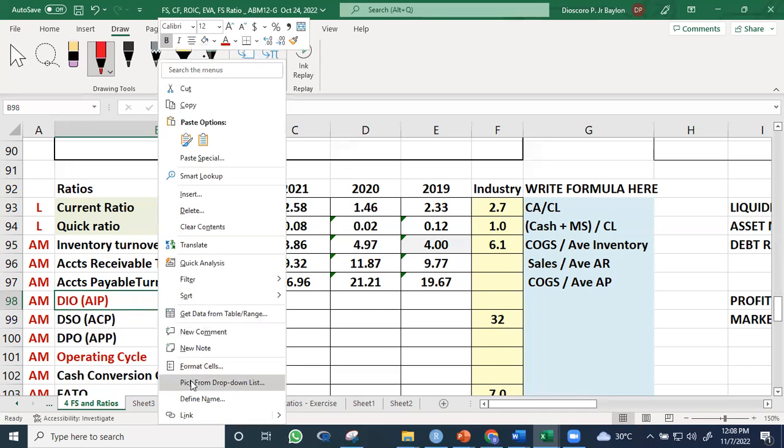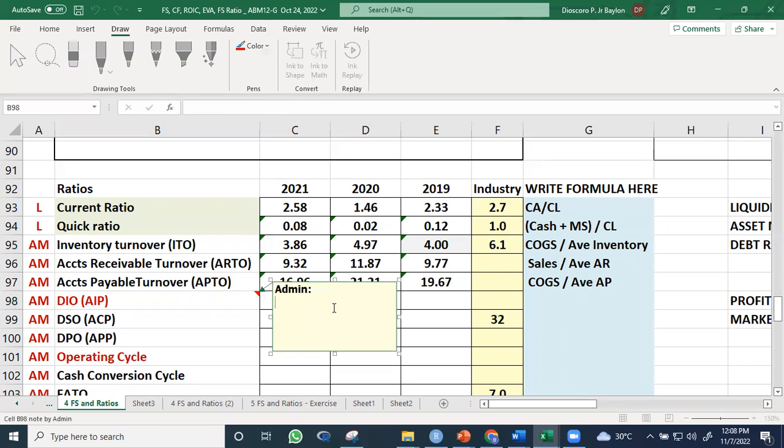So AIP is equal to average inventory period, or DIO, which is days inventory outstanding.